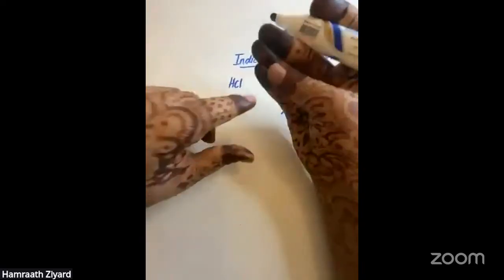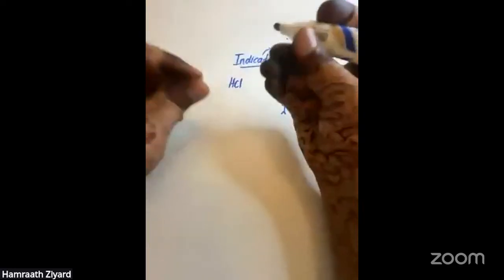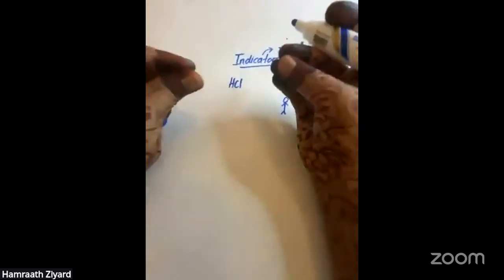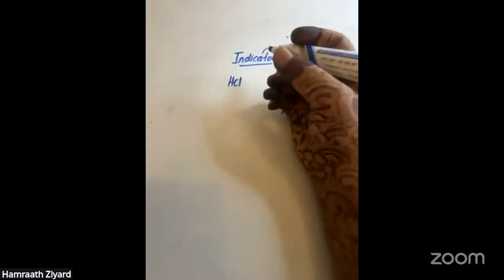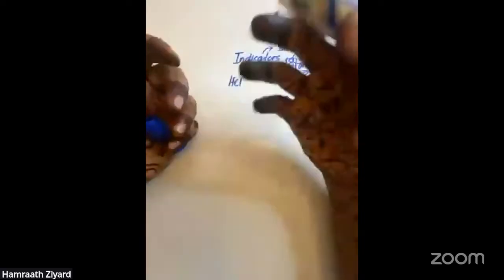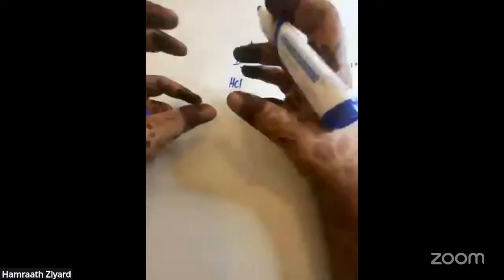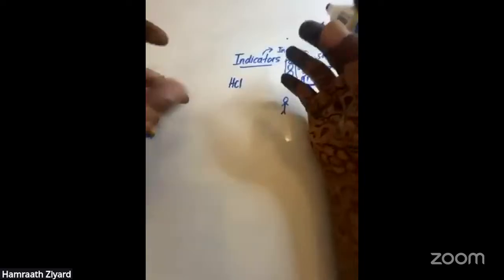That red color shows the presence of a base. That means the turmeric will show one color for the acid, and another color for the base. Like red cabbage, it will show one color for the acid and a different color for the base. So these are natural indicators in your home.